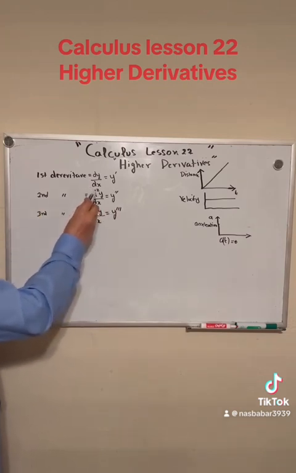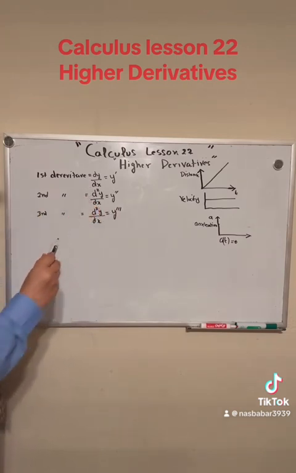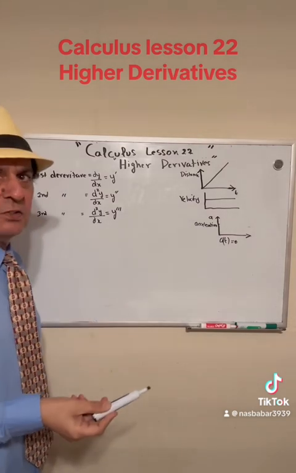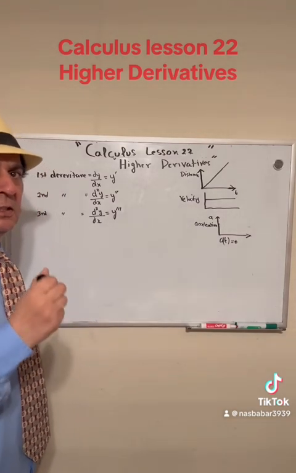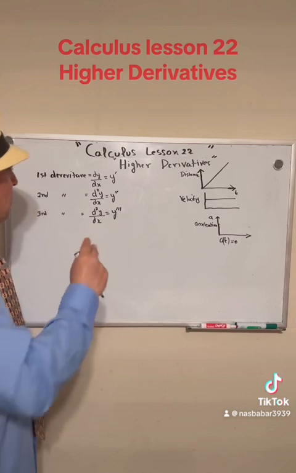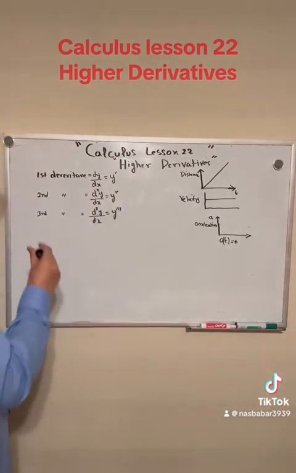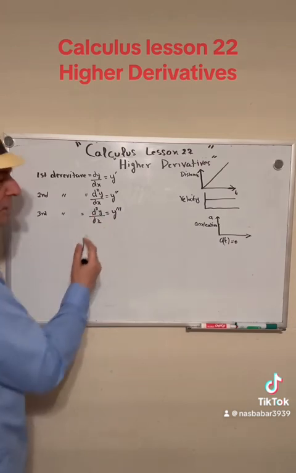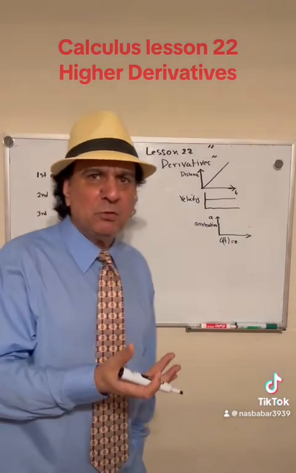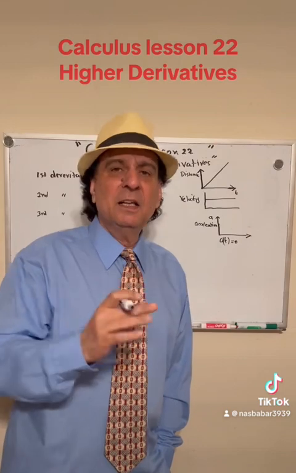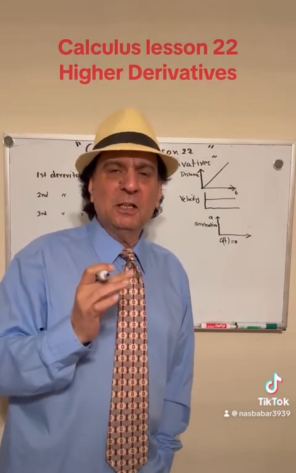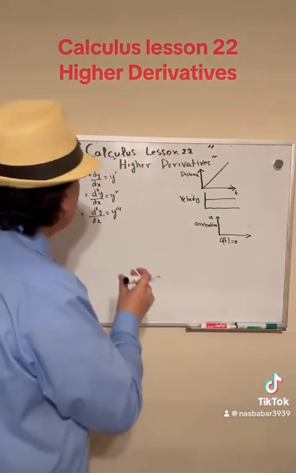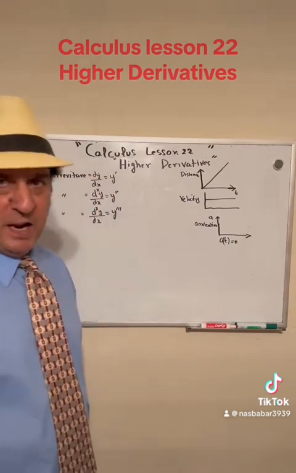The square on top of the d is just telling us that this is the twice derivative, double prime. And if we take the third derivative, d to the 3, it's not really d raised to the power 3, so never confuse that. This is just an indication that we are taking the triple prime of y.